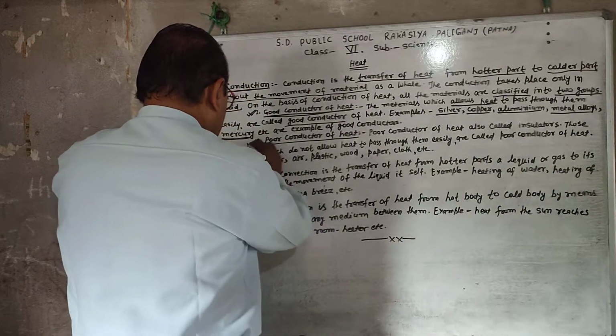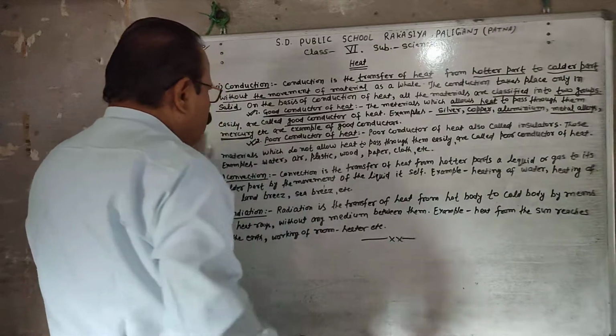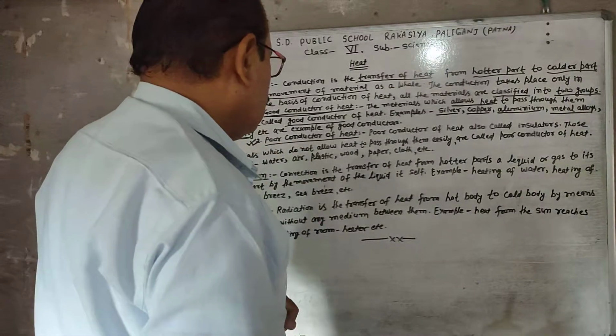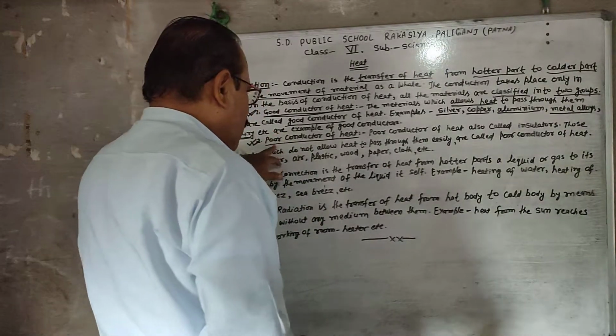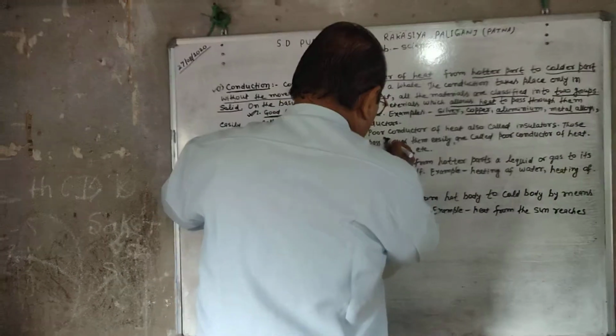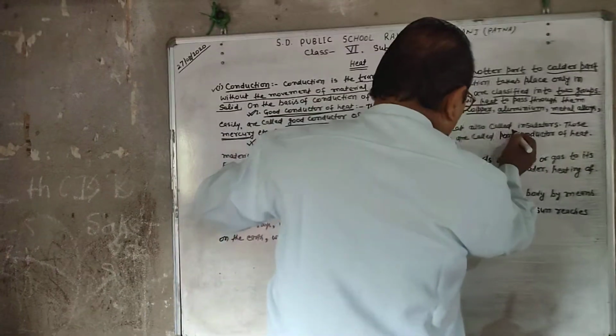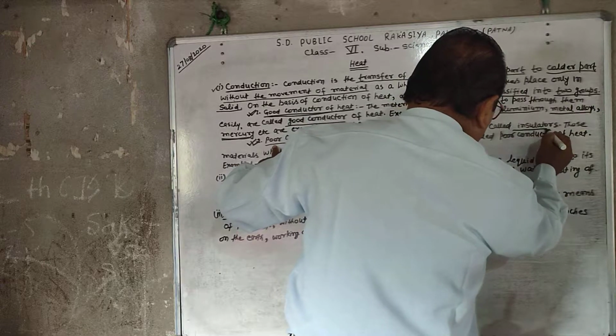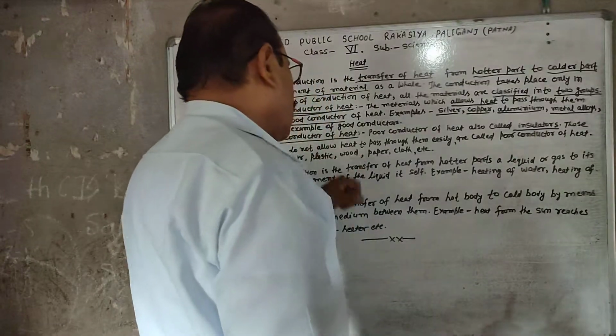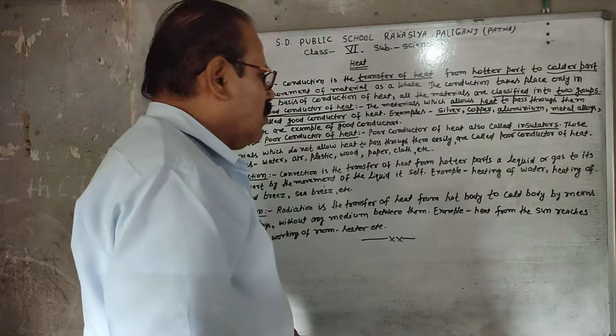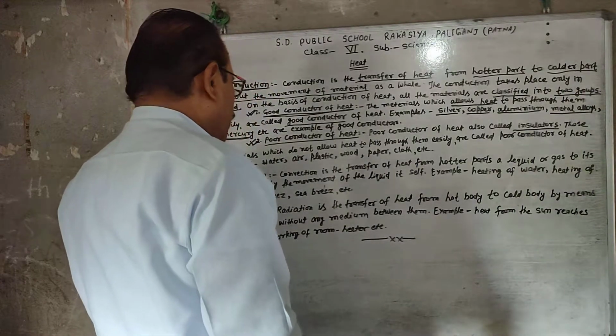Second, poor conductor. Poor conductor of heat, also called insulator.